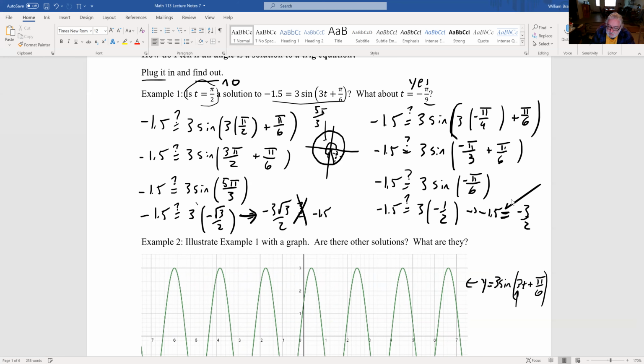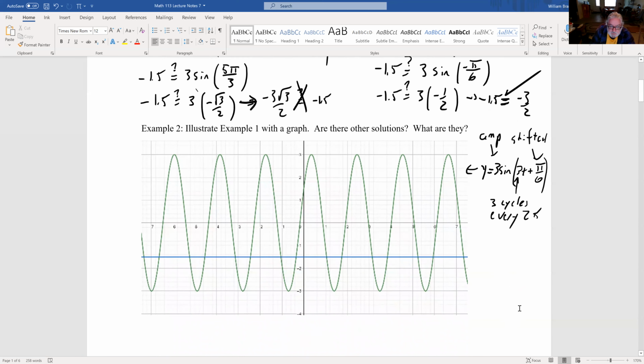We know that it has 3 cycles every 2 pi, it's been shifted a little bit, and the amplitude is 3. So the cycle starts here, you get 1 cycle there, then 1 cycle to here, and then a third cycle to here, and that whole thing from here to here is 2 pi.